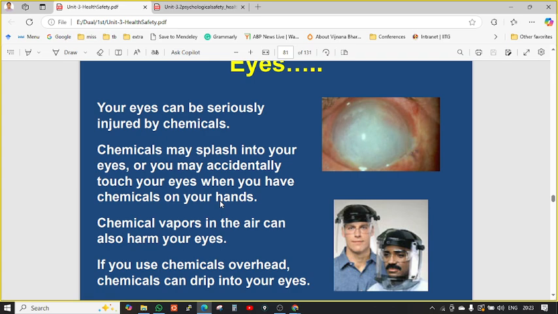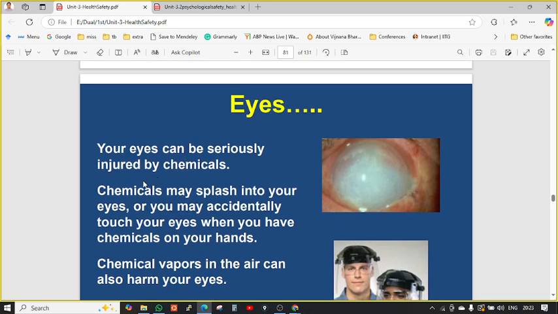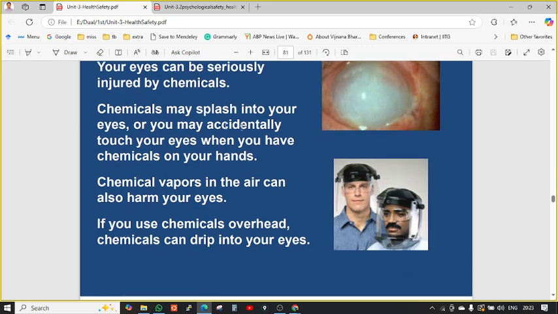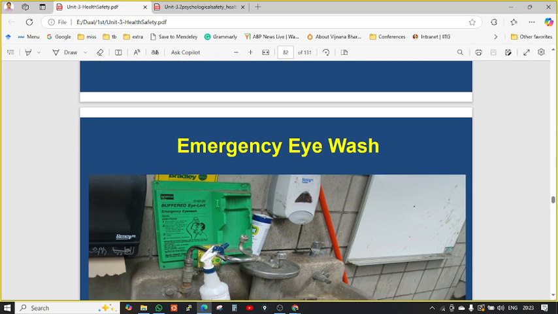Helmets and goggles are very necessary, because your eyes can be seriously injured by chemicals. Chemicals may be splashed into your eye. Chemical vapors can also enter your eye, and chemicals can go deep into the eyes. The eye is a very sensitive organ, so fast reactions can occur through the eye.